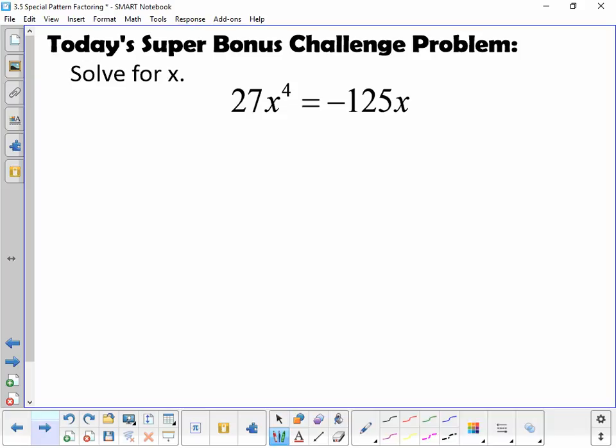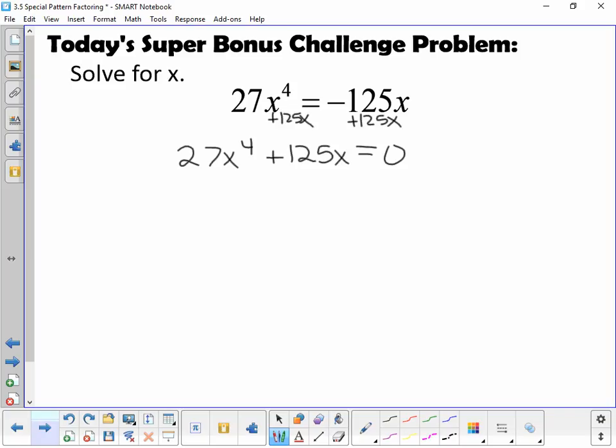If we want to solve this degree 4 quartic polynomial, we might want to first have it equal to 0 by adding that 125 to both sides of the equation, 125x, I should say.